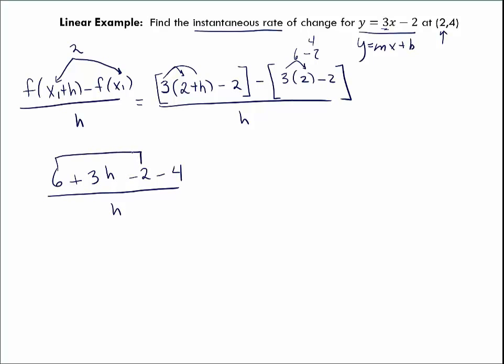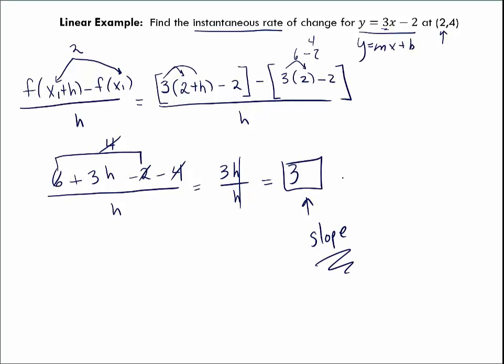Well, 6 minus 2 is 4, and that would cancel with that 4. So I'm left with 3h over h. How nicely the h's cancel, and looky there. I said that this is the formula for the slope, and it matches the linear, so now that should convince you that all you're doing is simply finding slopes.